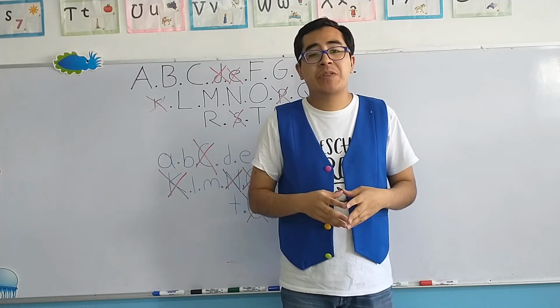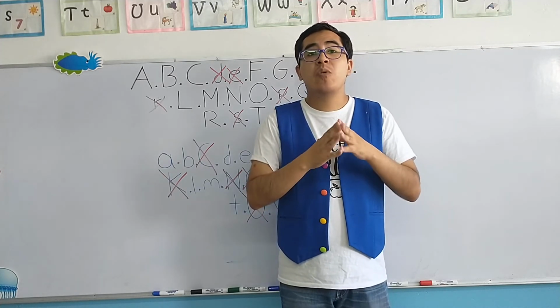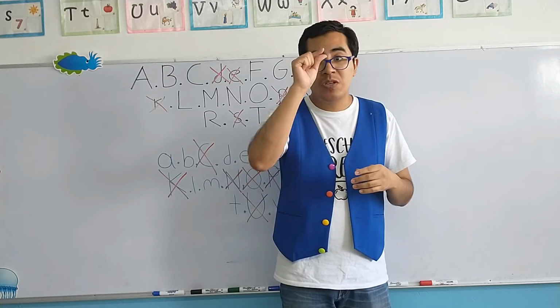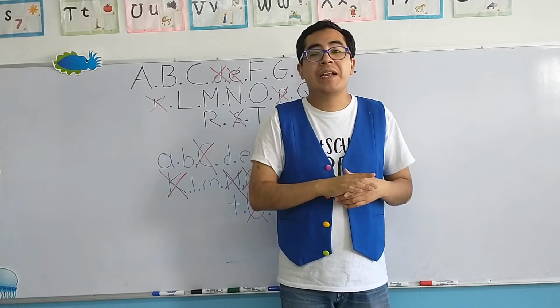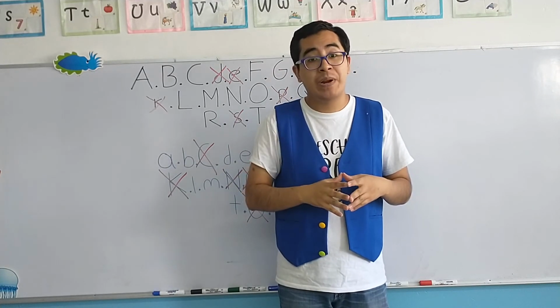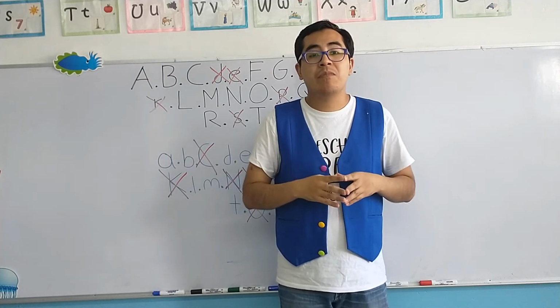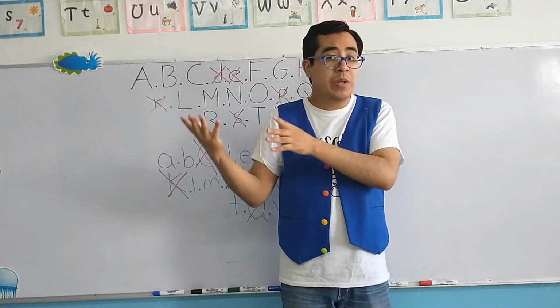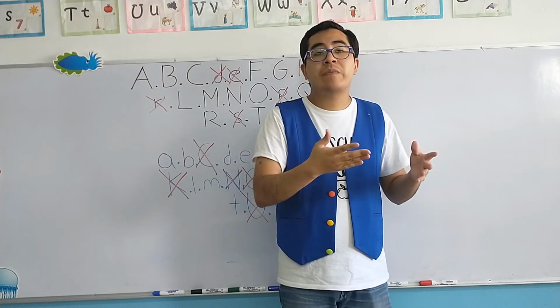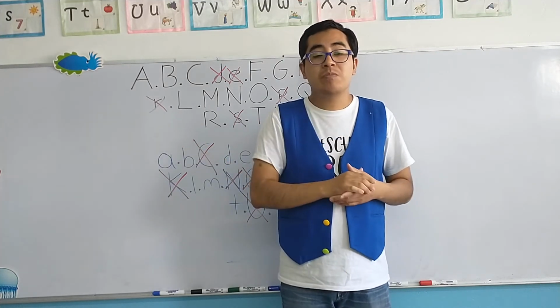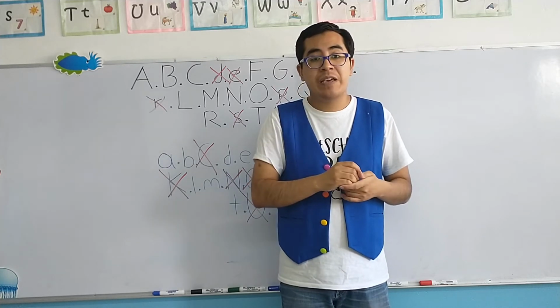Recuerden, chicos, que es importante seguir repasando nuestro abecedario, porque estamos así de cerca de terminar Kinder 2. Ya vamos a pasar a preprimaria. En preprimaria, recuerden, es donde aprendemos a leer y a escribir, pero no podemos llegar a eso si no nos sabemos las letras. Por lo tanto, es muy importante seguir trabajando en ellas.